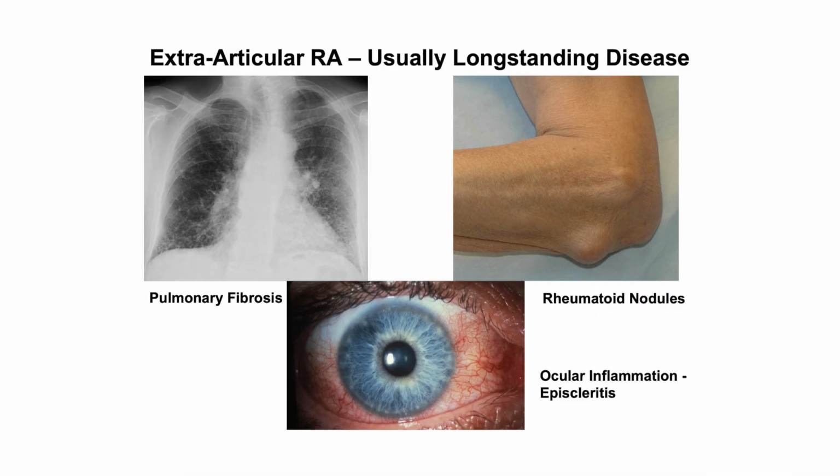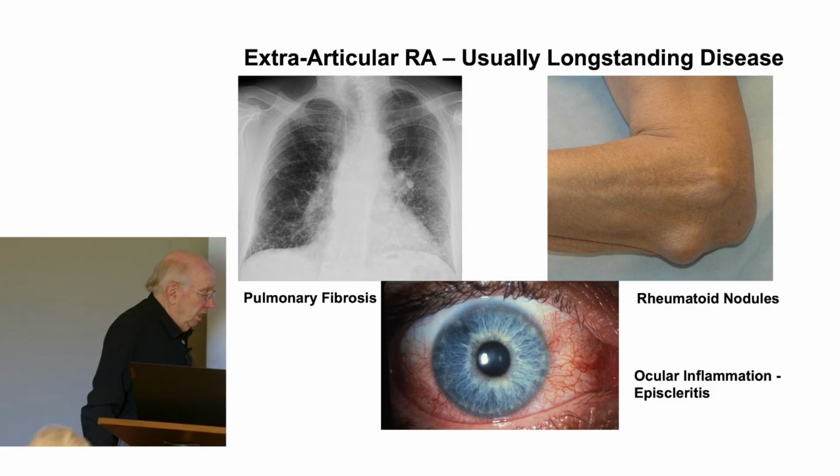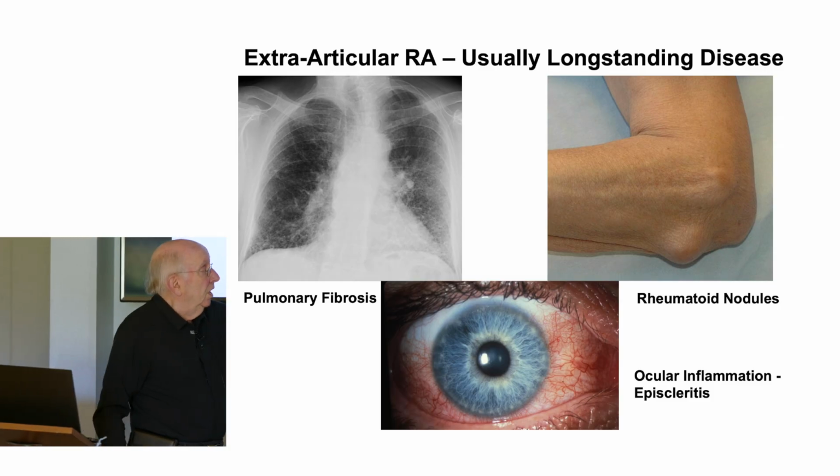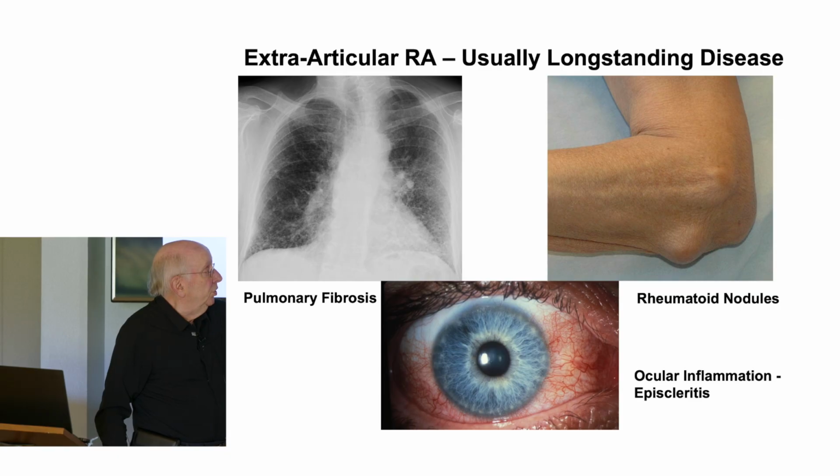Now, rheumatoid arthritis not only occurs in your joints, it can also occur elsewhere. And I won't go into all the details of this, but just to point out to you that it can produce this horrible condition in the lungs called fibrosis of the lungs, which can be devastating and can contribute to mortality. It can produce nodules on the skin, subcutaneous nodules, like we have here on an elbow.